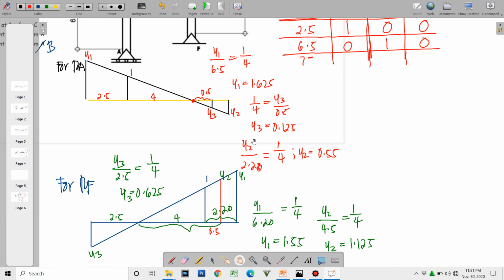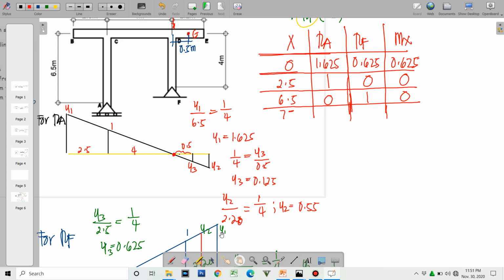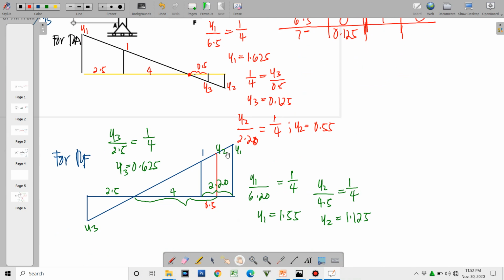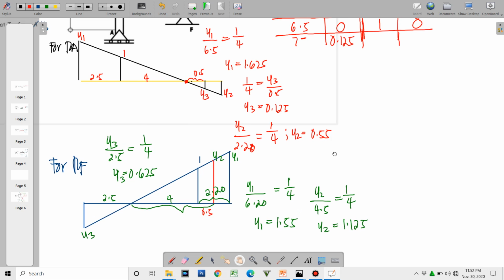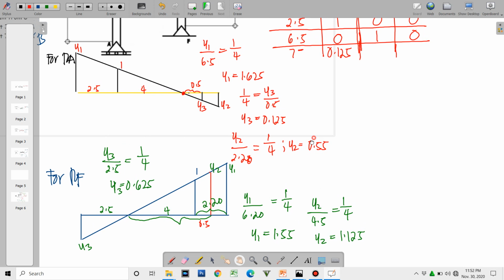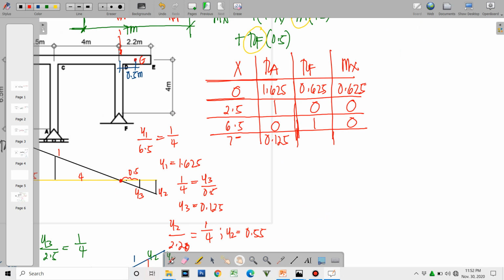So your RA is Y3 here, equal to 0.125, and your RF is Y2, 1.125. Then we calculate, then we have a value of 1.125 for that.